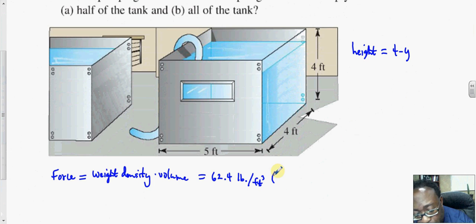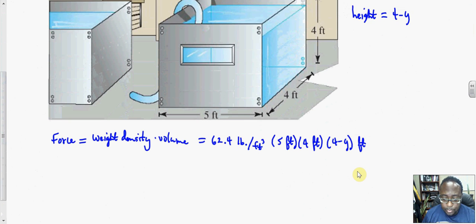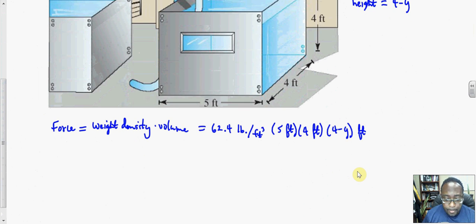So this is 5 feet times 4 feet times 4 minus y feet. Okay. So on your calculator, we calculate the 62.4 times 20.